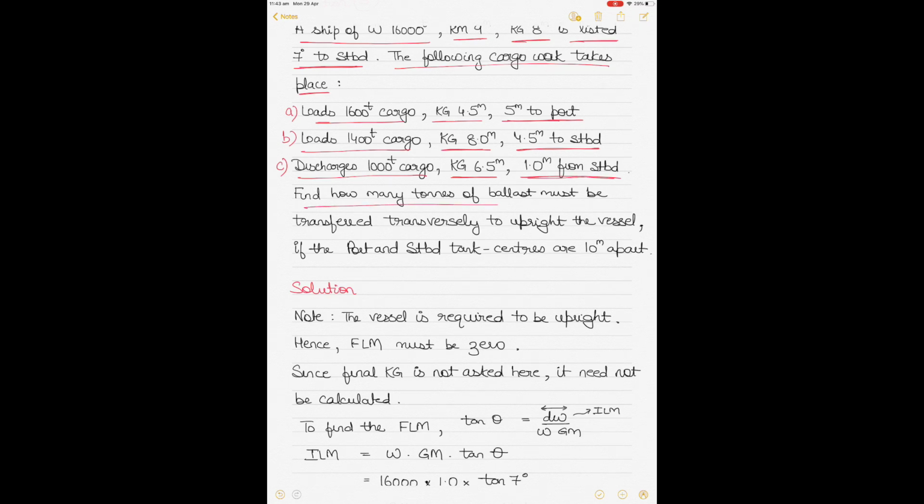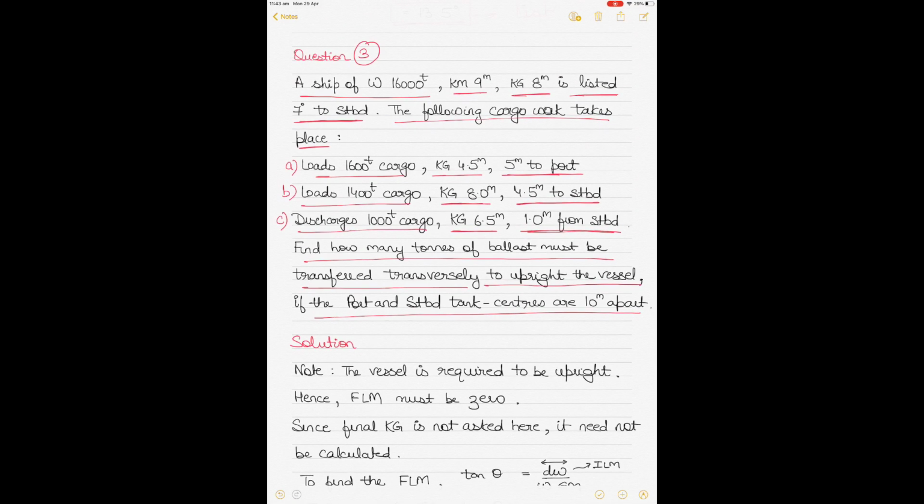You have to find out how many tons of ballast water must be transferred transversely to upright the vessel if the port and starboard tank centers are 10 meters apart. Remember, the vessel here is already listing 7 degrees to starboard, and then you carry out certain cargo operations.